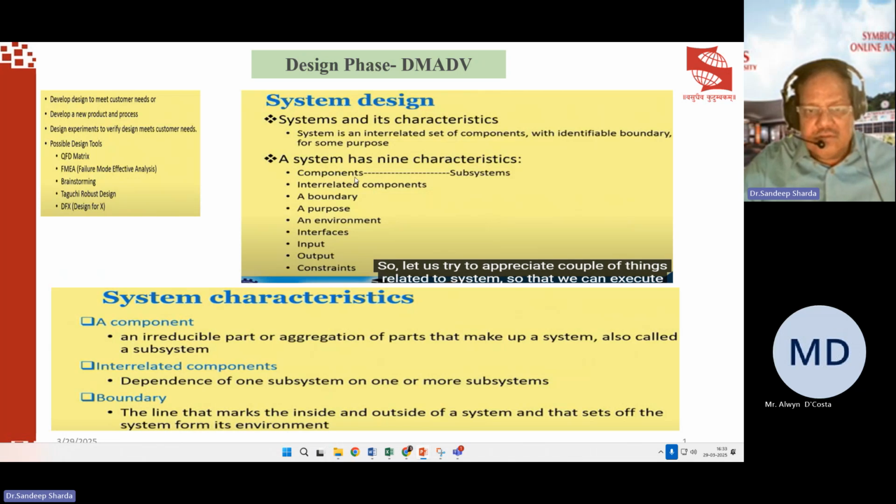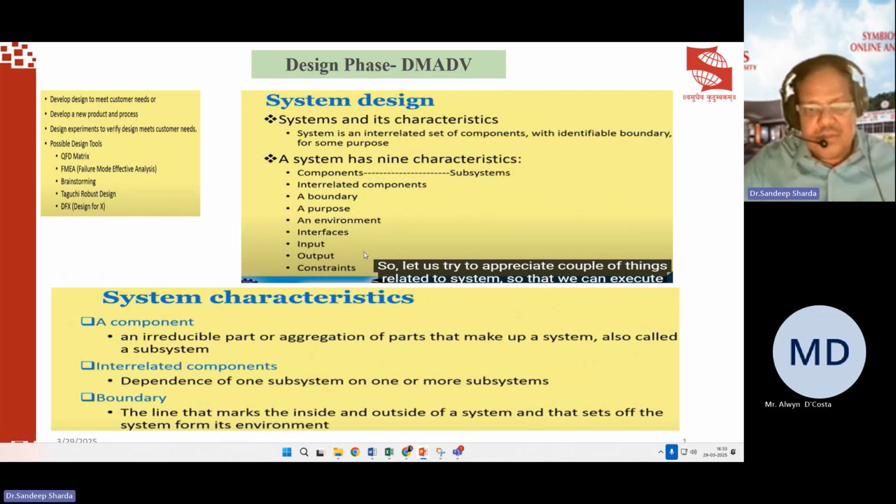It is being designed, so a system has different characteristics. It can have component subsystems, interrelated components. A boundary means where one subsystem overlaps another. So there will be a boundary, a purpose, the environment, interface, input and output, and some constraints.